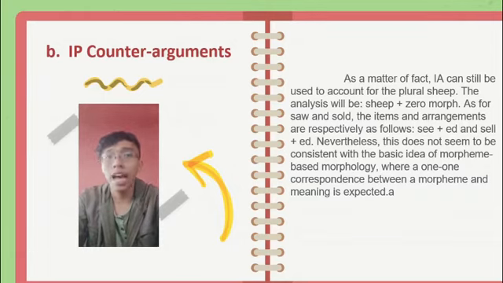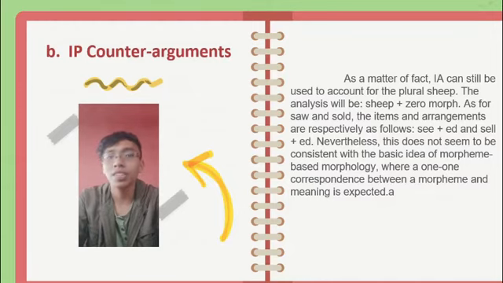If we use IP to tackle this data, we would say that the word form saw is different from the lexeme see, which undergoes the process of becoming past tense, and the word form sheep is plural, resulting from the lexeme sheep, which goes through the operation of pluralization.